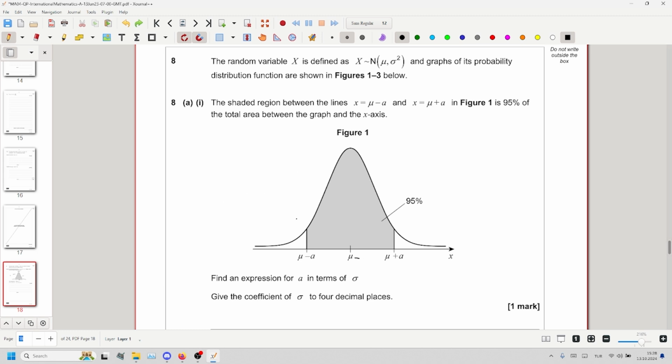And in the case for the TI-84, we simply need to find the inverse norm of 0.95 with the mean 0 and the sigma value 1 from the center, because that's exactly what this gives. So let's quickly do that.